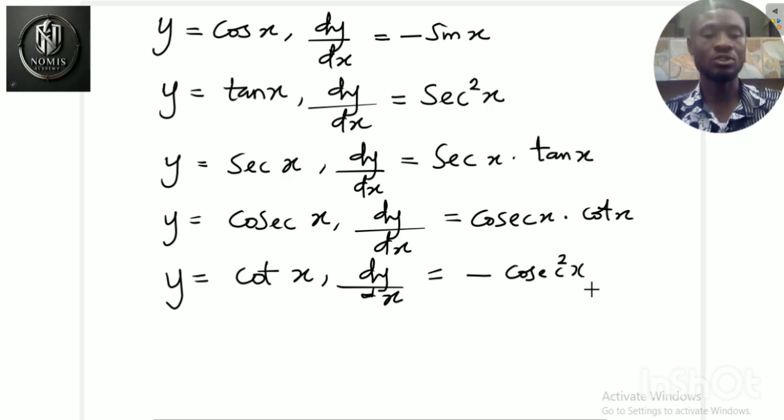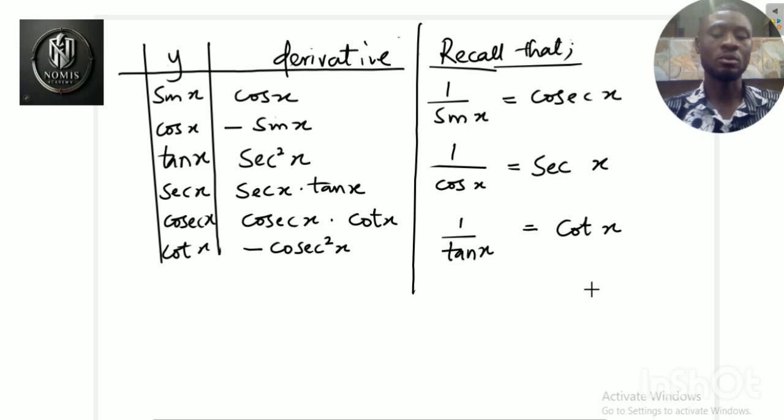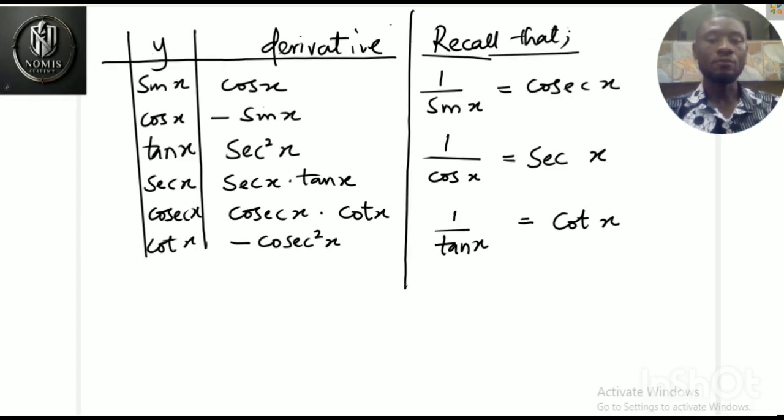Let's continue. In a table, we can now tell that if y is sine x, the derivative is cos x. If y is cos x, the derivative is minus sine x. If y is tan x, the derivative is sec squared x.